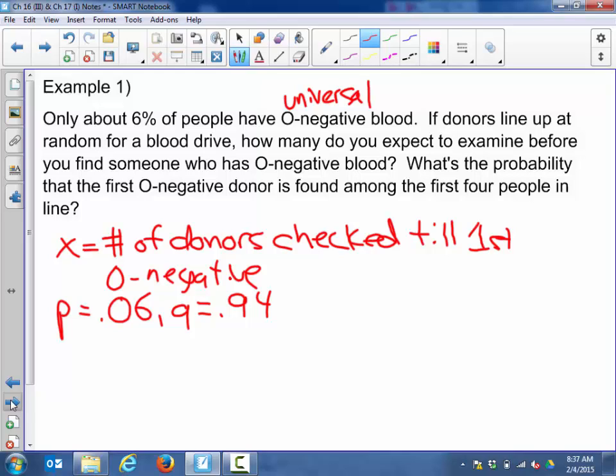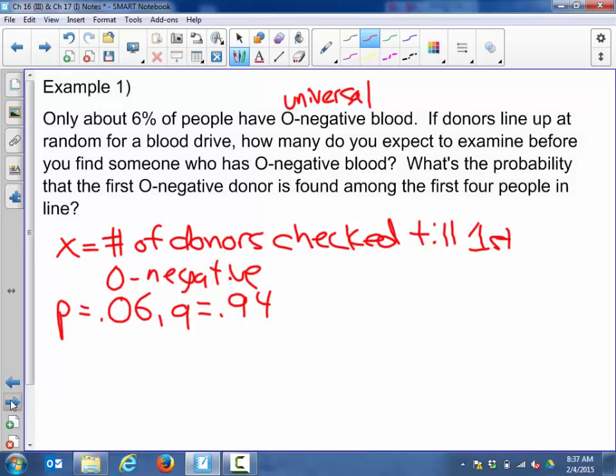Oh, and I should back up and say, yes, we do have Bernoulli trials. For each individual person, there are only 2 outcomes: O-negative blood type or something else. And the probability should be independent. Now, we're going to kind of wave our hands there a little bit because realistically, for a blood drive, you would expect that people are coming in families or in groups that are related through blood.